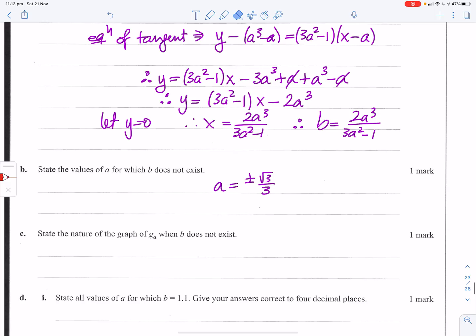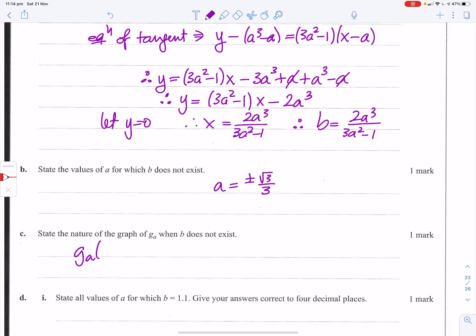At those points, there must be no intercept, so that's got to be a horizontal graph. So, f dash, take the nature of the graph.